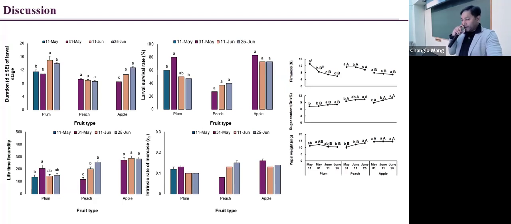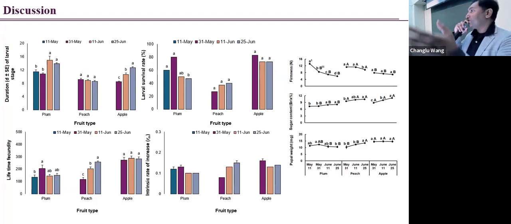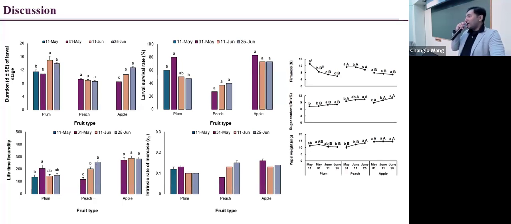But here's another thing. There's a question: though we are getting enough eggs, the survival rate is still lower. Why has this happened? Because, as I say, there's lower firmness and higher sugar content, but they are still not able to enter into the fruit. It's not only about the firmness and sugar content, it's also the pubescence.